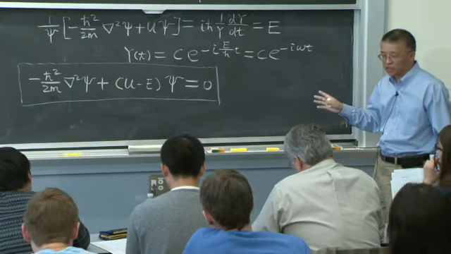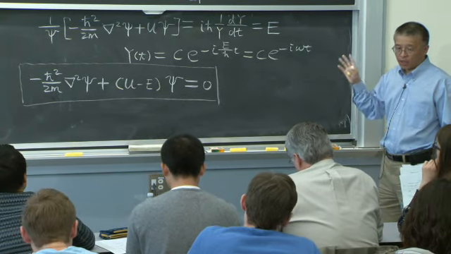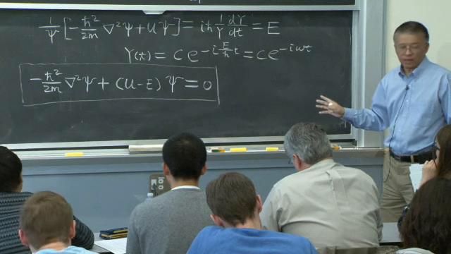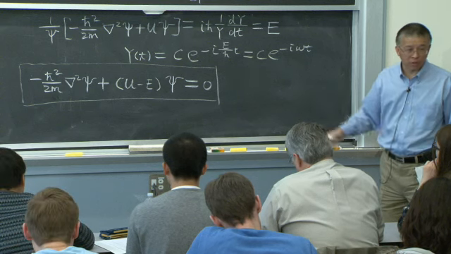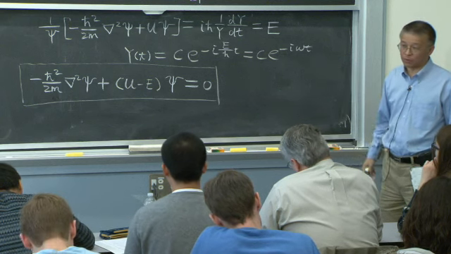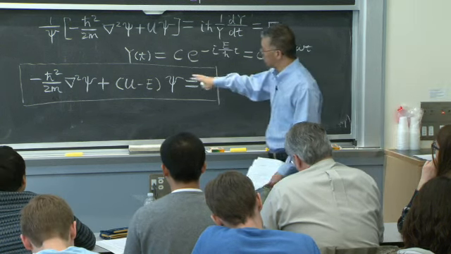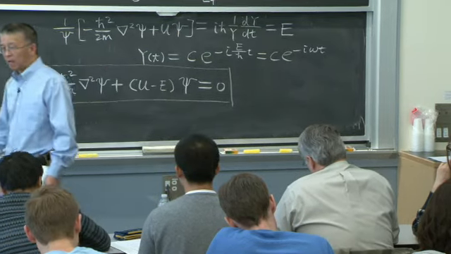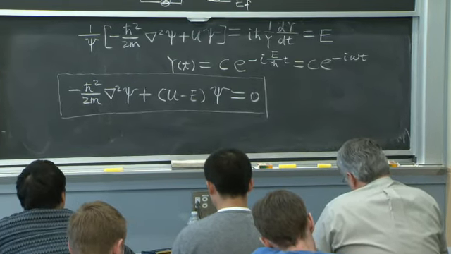What's the energy of matter? What's the energy of an electron? What's the energy of, say, a crystal? What are the allowable energies of atoms, vibrations, and crystals? This is the time-independent Schrodinger equation.